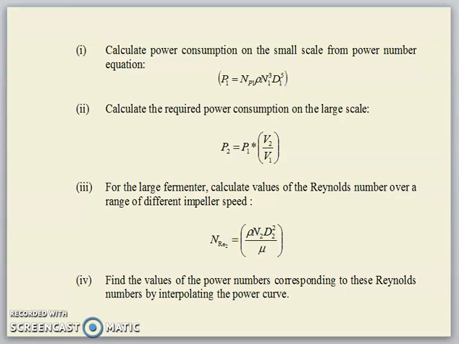Next, you have to calculate the values of the Reynolds number over a range of different impeller speeds for the large fermenter. Then find the values of the power number corresponding to the Reynolds number by interpolating the power curve.